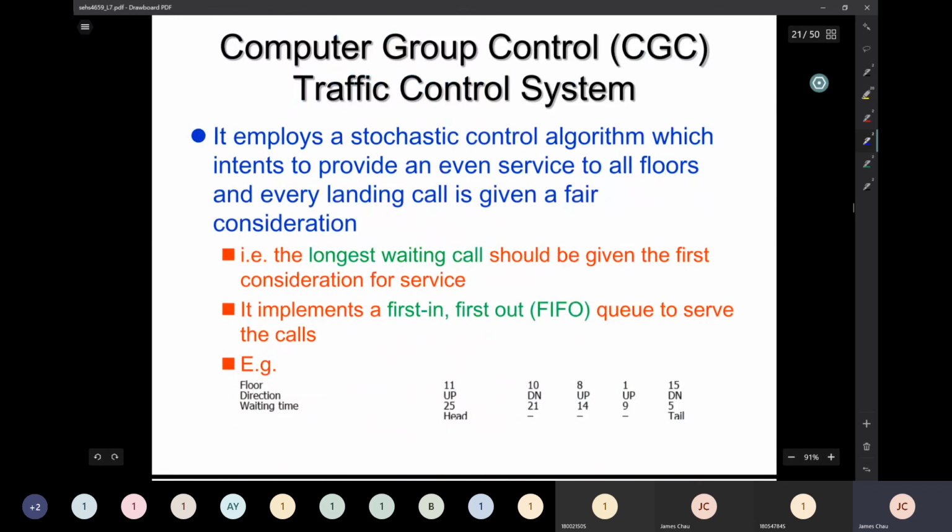Now here, we say that the computer group control traffic control system (CGC) is again a sophisticated control system. It refers to the probability, and it intends to provide an even service to all hall calls, even landing calls, in order to have a fair consideration.